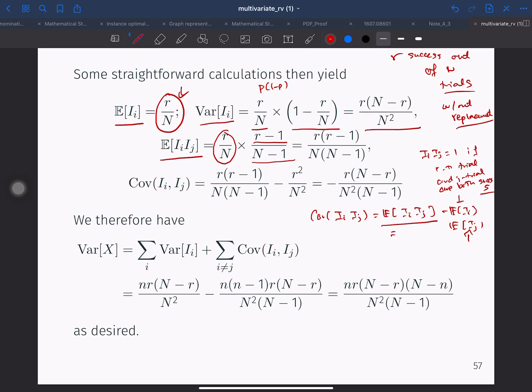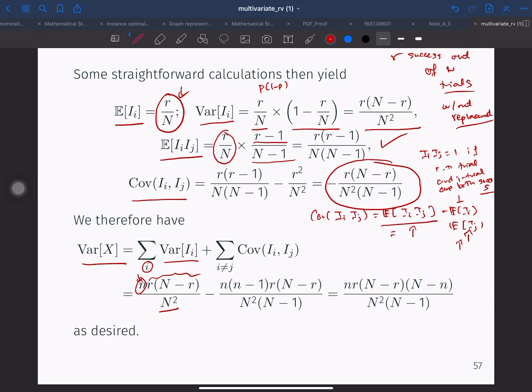So you have this expression for the expected value of Ii Ij, and so the covariance, by the definition here, simplifies out to be this expression here. And so the variance expression is once again nothing more than some simple algebraic manipulation. This is the variance of Ii, which is this term here. And because there are n trials, you sum over i, there are n of them, so you multiply by n.